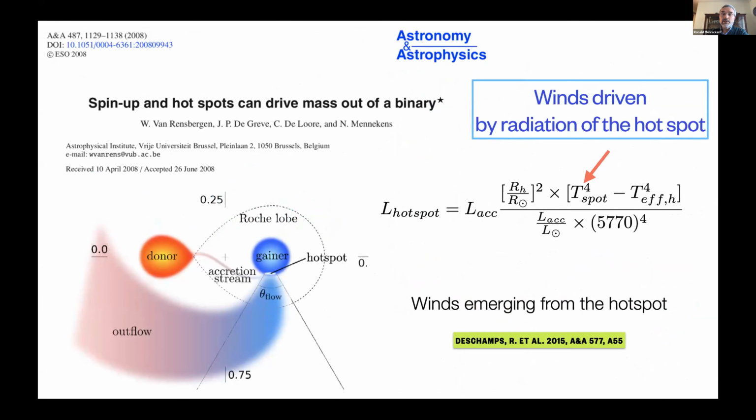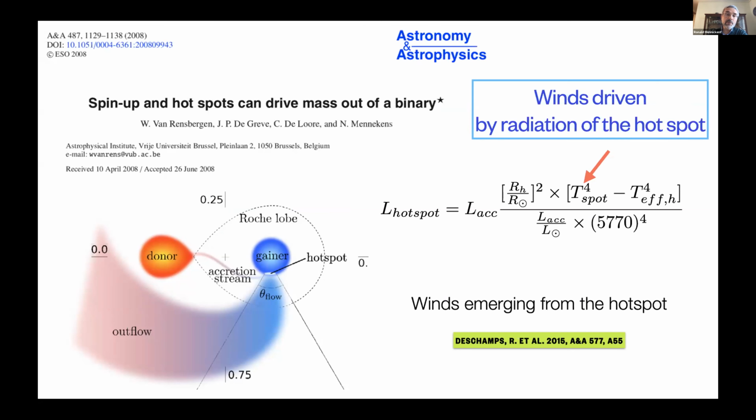Another point of evidence supporting the dynamo model comes from the theoretical support for winds driven by radiation of the hotspot. In the system, there is an accretion stream transferring matter from the donor onto the gainer. The stream impacts the gainer on the surface if no accretion disk is formed.